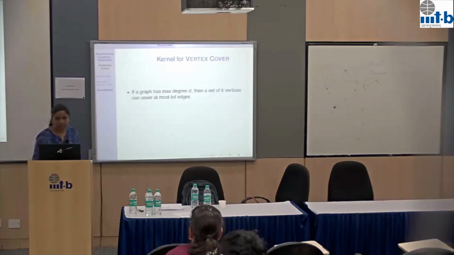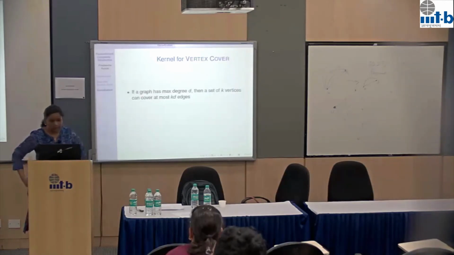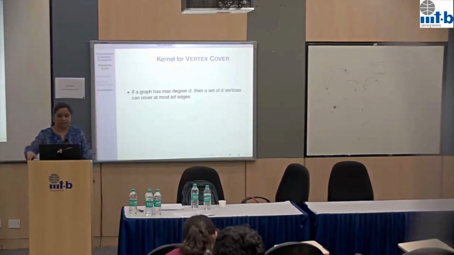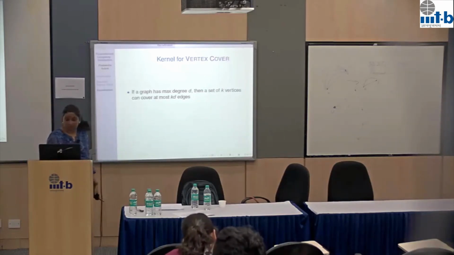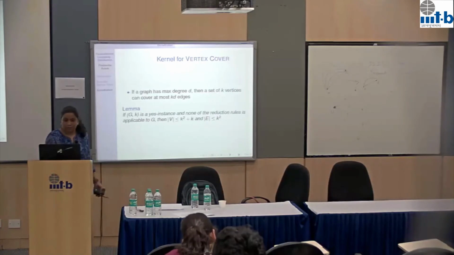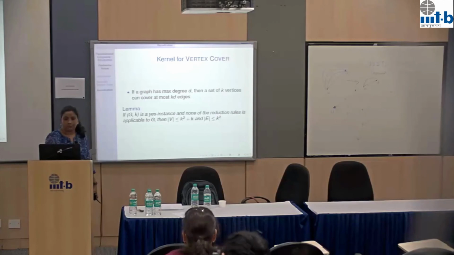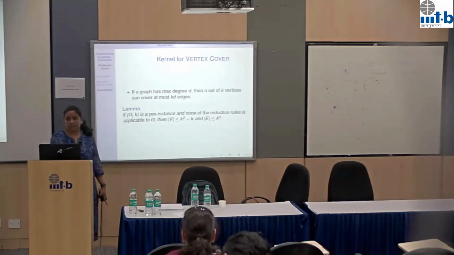So after this, we have this: if the graph has maximum degree d, then a set of k vertices can cover at most k times d edges. If G, k is a reduced instance, then the number of vertices is at most k square plus k, and the number of edges is at most k square.